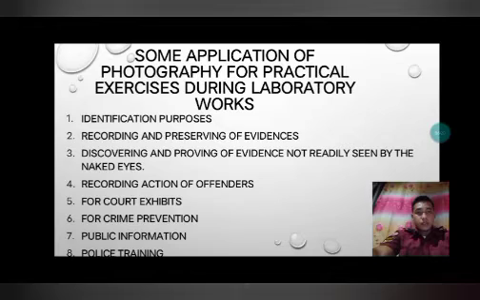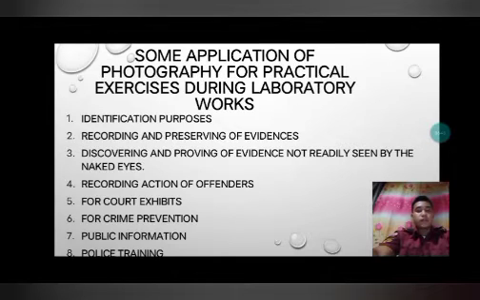Number 6 is crime prevention. What is crime prevention? It is the attempts to reduce and deter crime and criminals. It is applied specifically to efforts made by governments to reduce crime. So that's crime prevention.